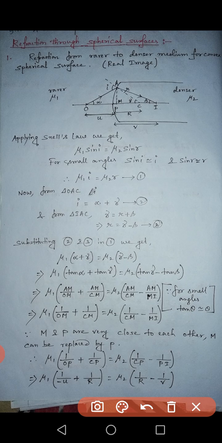Next, tan alpha we will get if we consider this triangle AOM, which is a right angle triangle. Tan alpha is the ratio of perpendicular and base. Perpendicular is AM, base is OM. So here I am writing AM by OM. Similarly tan gamma.